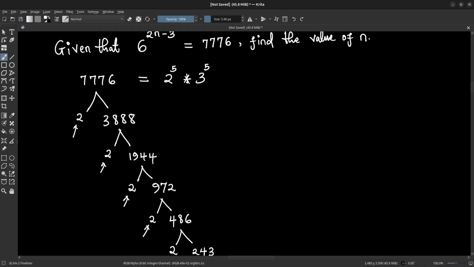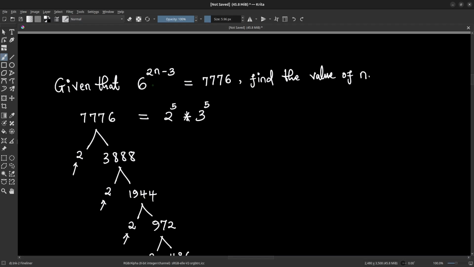So now our equation becomes 6 to the power of 2n minus 3 is equal to 2 to the power of 5 times 3 to the power of 5.